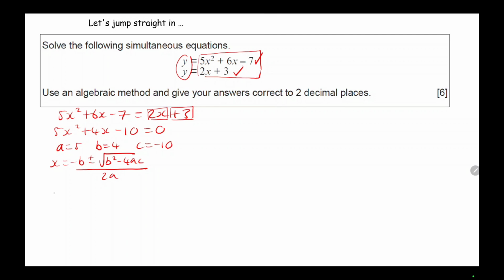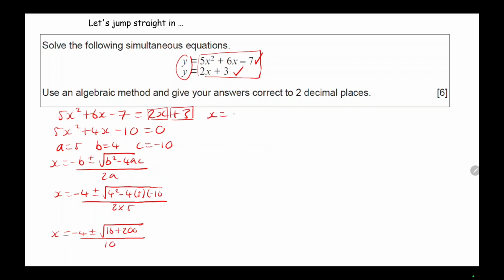That gives us x equals minus 4, plus or minus the square root of 4 squared minus 4 times 5 times minus 10, all over 2 times 5. Simplifying, we get minus 4 plus or minus the square root of 16 plus 200, since 4 times 5 is 20, times 10 is 200, and a minus and a minus make a positive, all over 10.